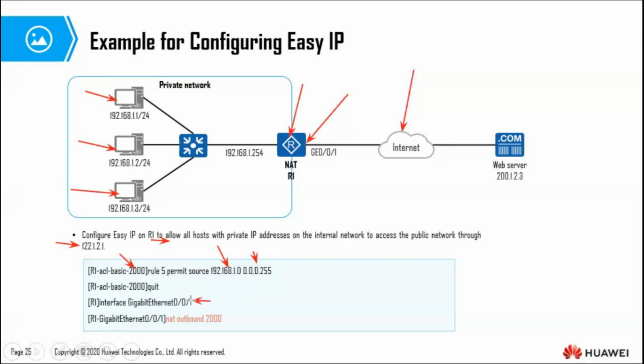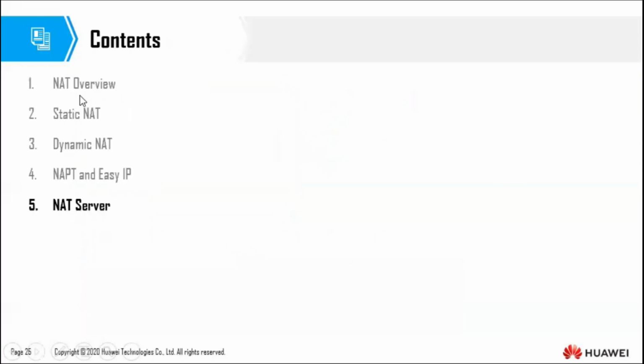Then we go to the interface, and we simply use the command nat outbound 2000. We're simply going to map all these IP addresses from this network to the public IP address of this interface. So that is what we call Easy IP. I think the name came from the fact that it's also very easy to understand and easy to configure.